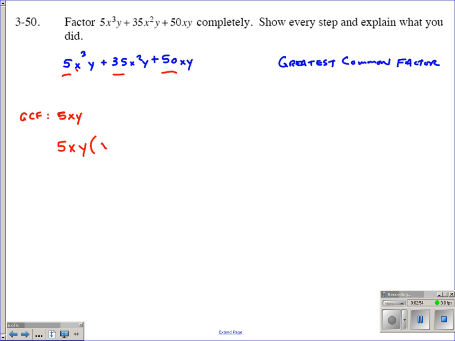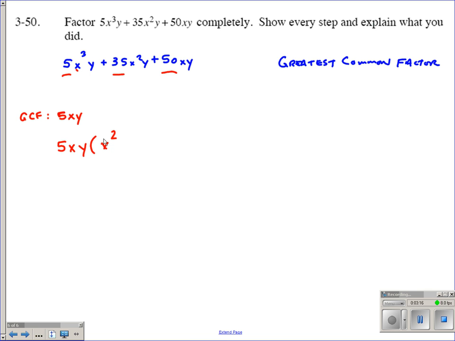That would be x squared. Now some people divide by 5xy, and that's just the same thing. It's just a different perspective and will get you the same answer. That is perfectly correct. You do whichever way you were taught and whichever way makes the most sense to you.